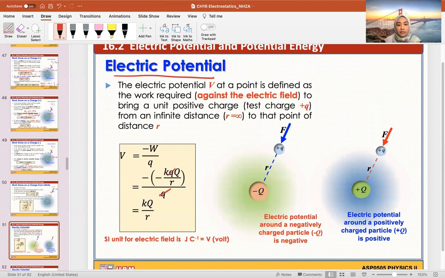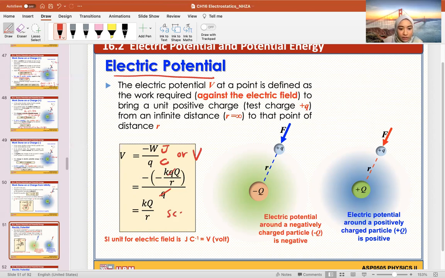This cancels out, so we are left with kQ over R. Work done is in joules, q is in coulombs, so it's just joules per coulomb, or volt, capital V. Now this equation is really nice because it's a scalar quantity.